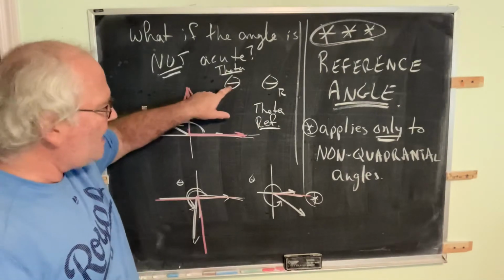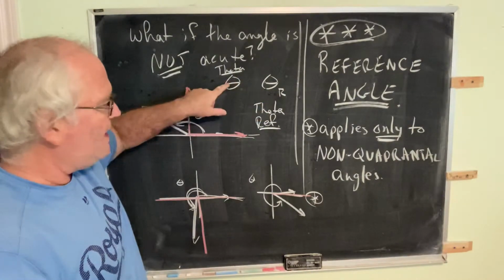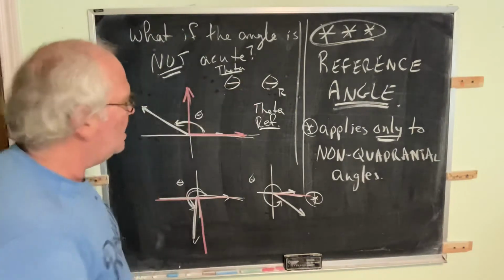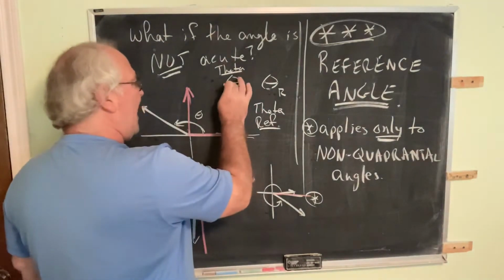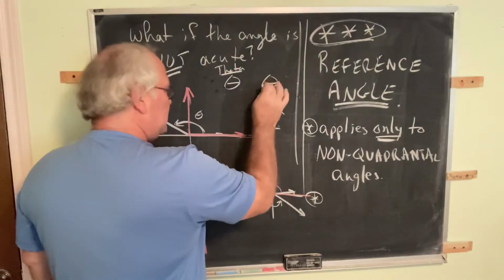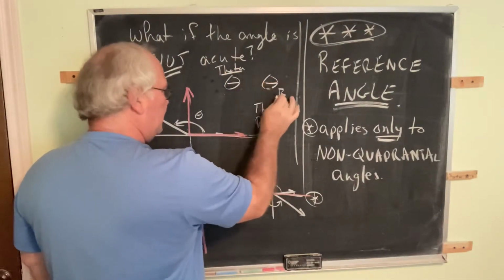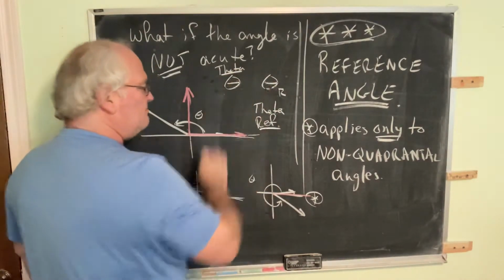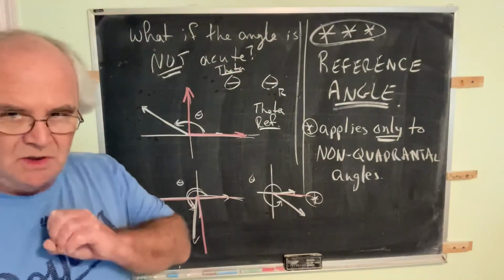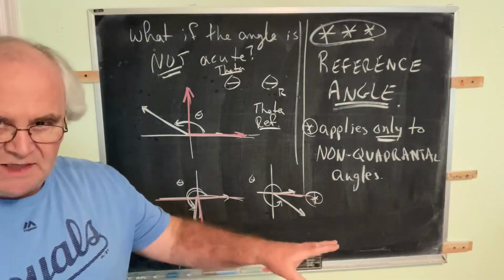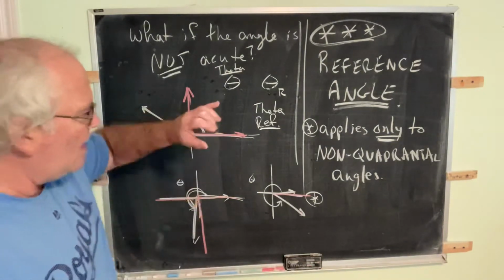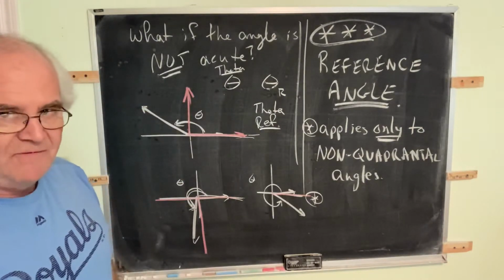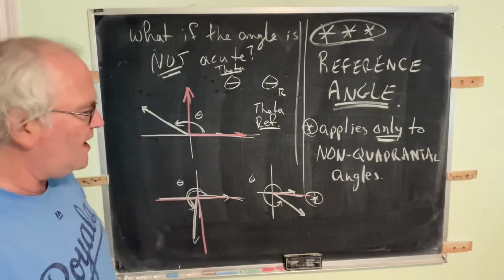If the angle is x, it's x reference. If it's alpha, it's alpha reference. If it's phi, it's phi reference. So whatever symbol you use for your angle, theta reference is that symbol with the subscript r. This means the reference angle. So that is the notation that I will use consistently every time we use a reference angle. I will indicate it by the subscript capital R. Theta reference is the reference angle for theta.